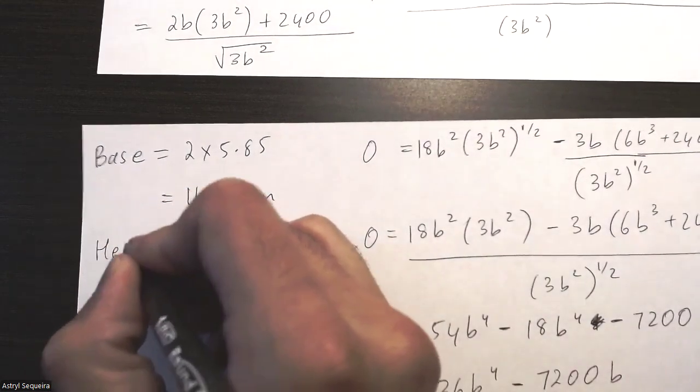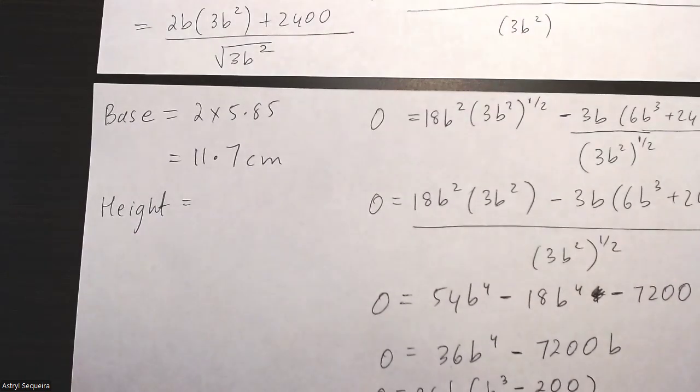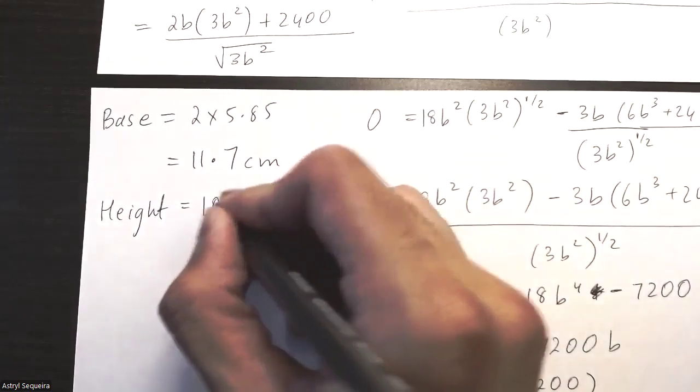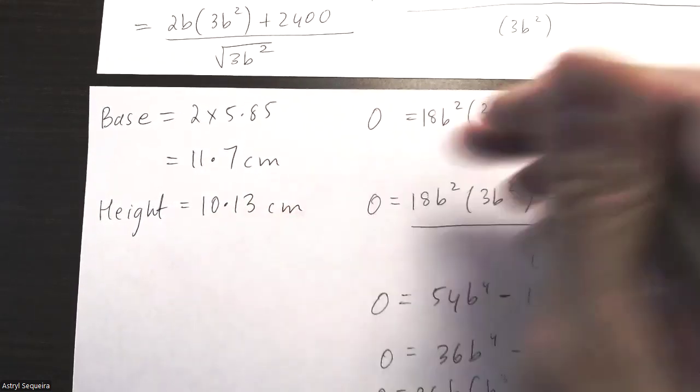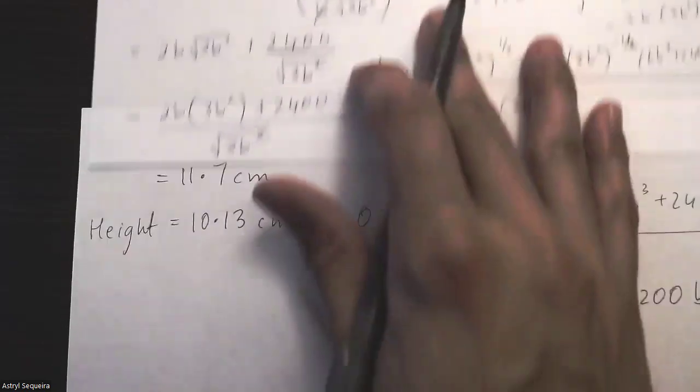The height of this prism is 10.13 centimeters, calculated right there using the height formula.